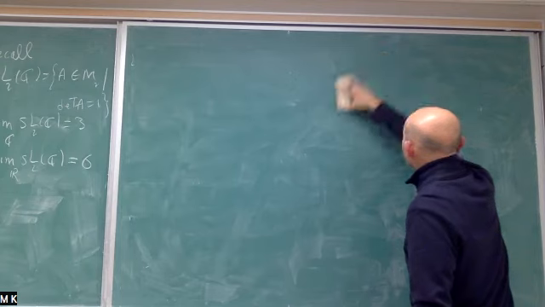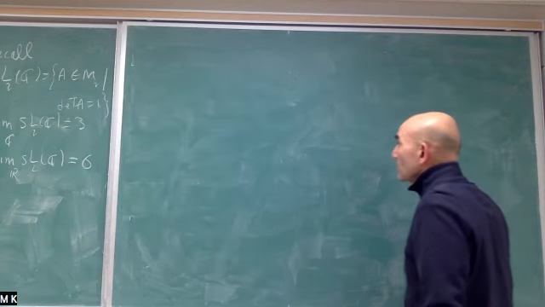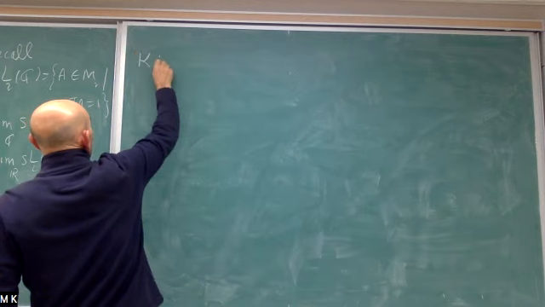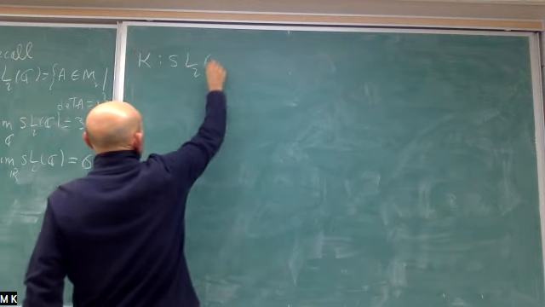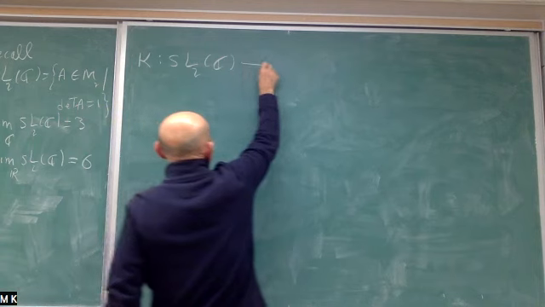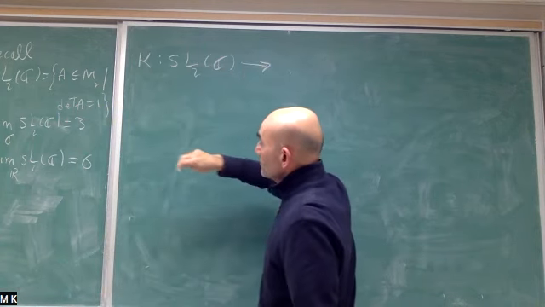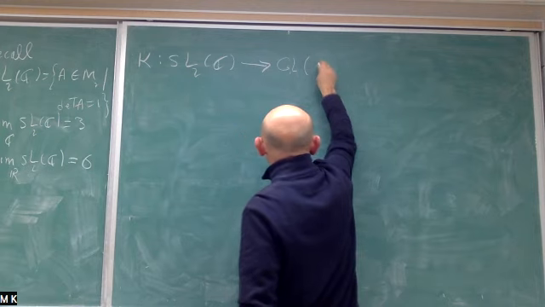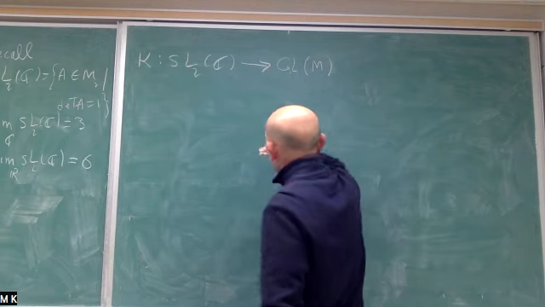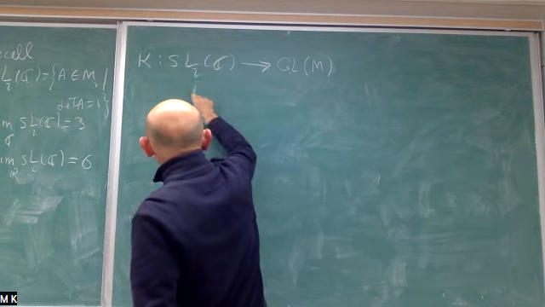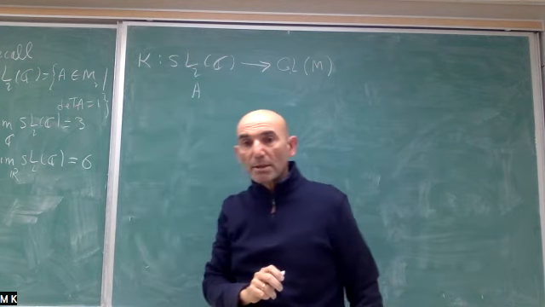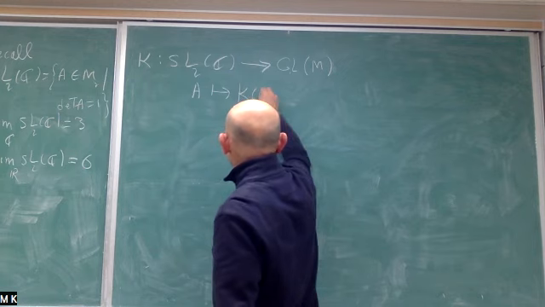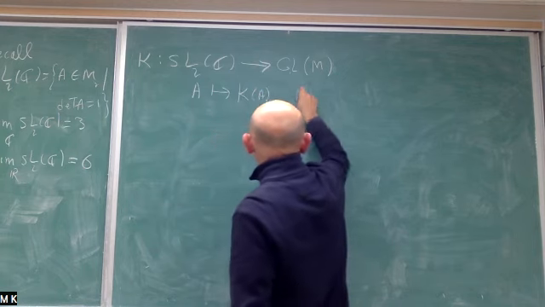Let's define a map, usually called K, from SL2C to GL(M). So it sends an SL2C matrix A to K of A, where K of A acts like this.